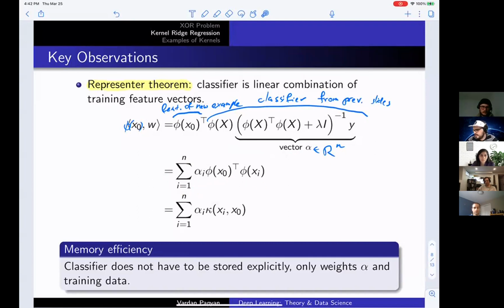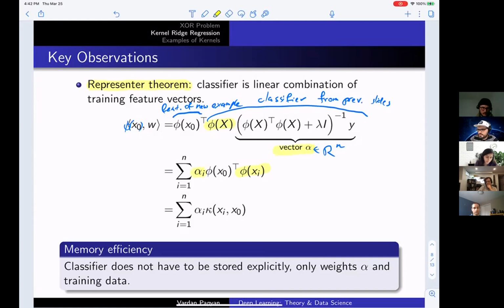So I'm basically just writing the inner product. Let me highlight this. The inner product between this thing and the vector alpha is written as a sum.